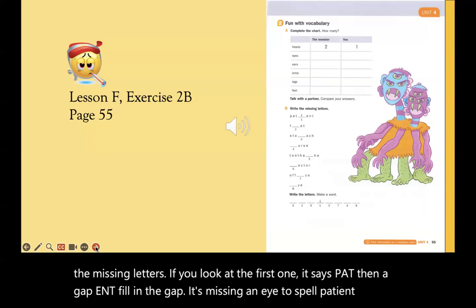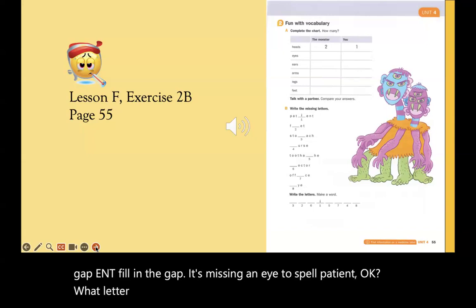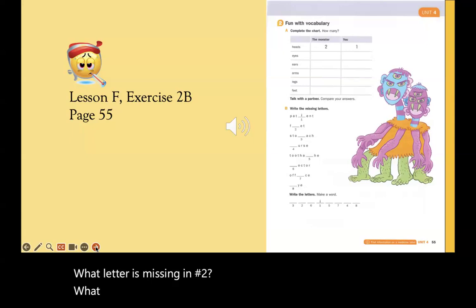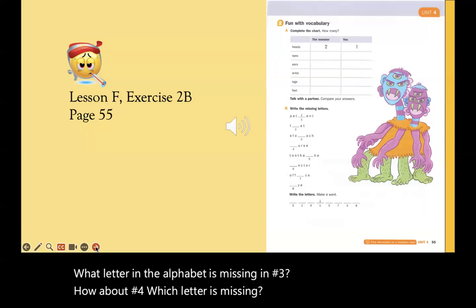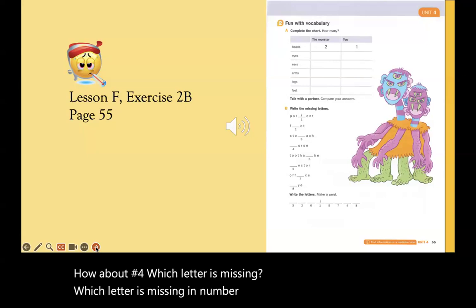Okay, what letter is missing in number 2? What letter in the alphabet is missing in number 3? How about number 4? Which letter is missing? Which letter is missing in number 5?